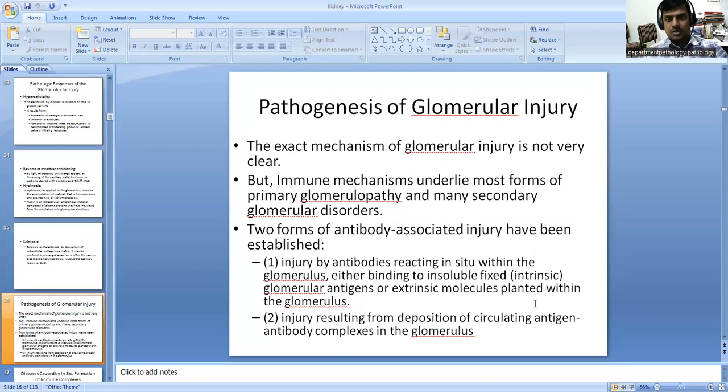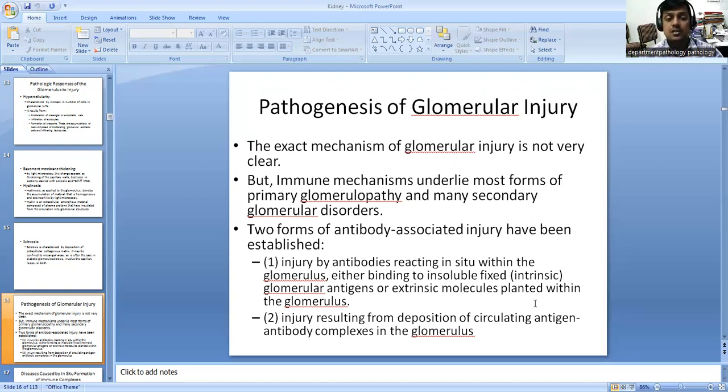Now we will discuss the pathogenesis of glomerular injury. The exact mechanism of glomerular injury is not very clear, but immune mechanisms underlie most forms of primary glomerulopathy and many secondary glomerular disorders. Two forms of antibody associated injury have been established.